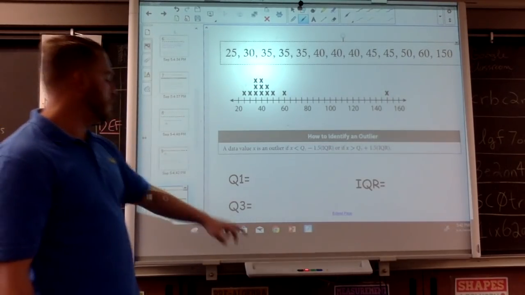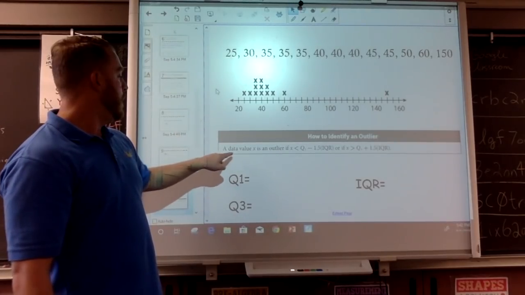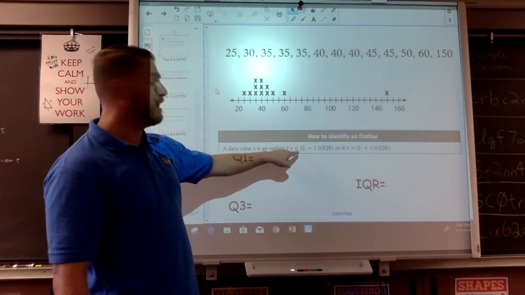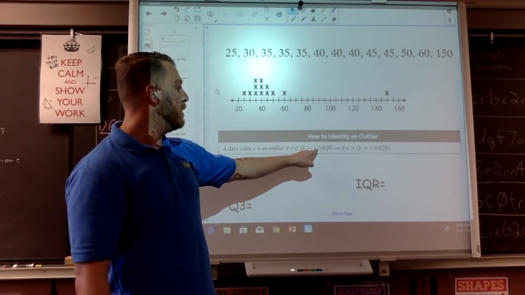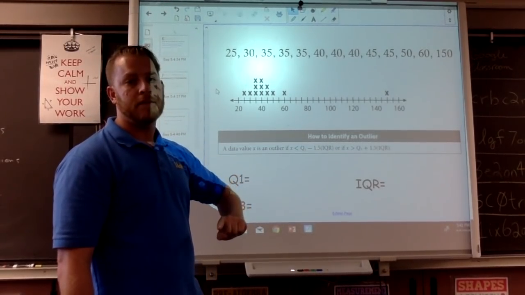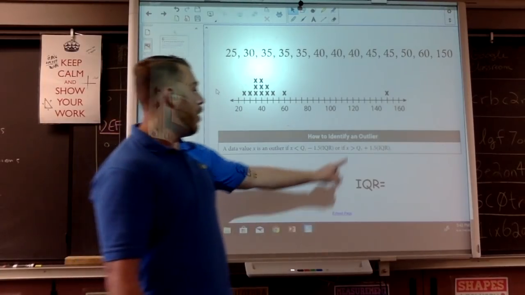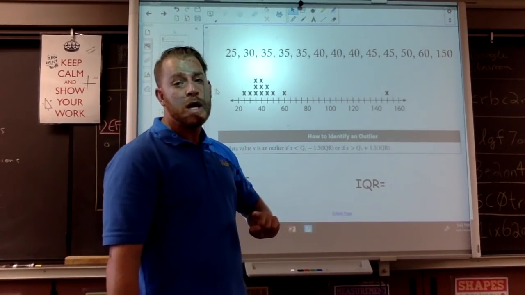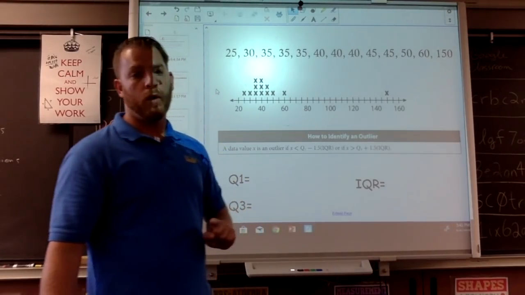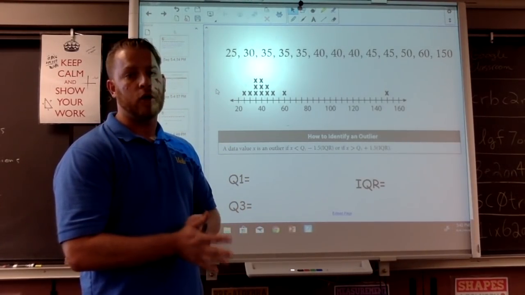We are going to use this formula here, which says x is less than Q1 minus 1.5 times the IQR, or x is greater than Q3 plus 1.5 times the IQR.